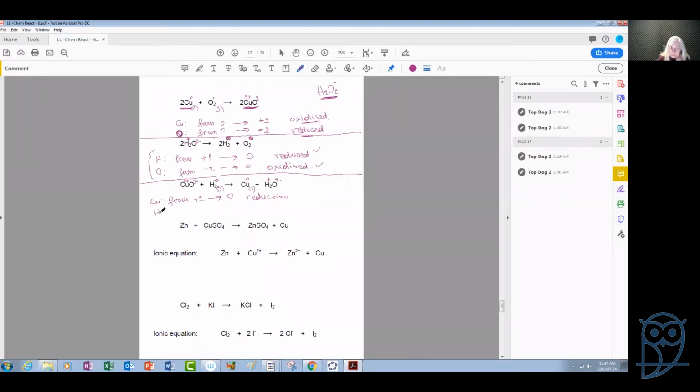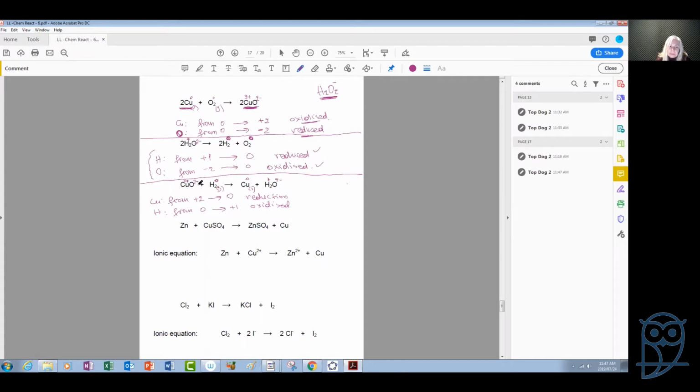So the hydrogen from zero, its oxidation number increased to the +1 oxidation state. So this was oxidized, which means that the hydrogen oxidized because it's the reducing agent, whereas the copper was reduced, which means it's the oxidizing agent.